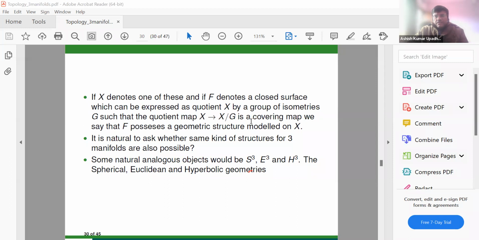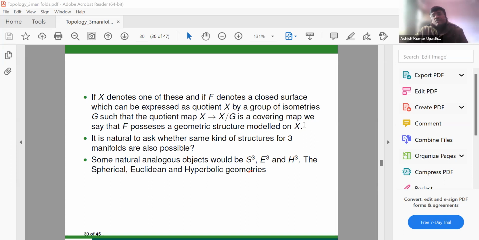Just recall the model. That's why it is important to keep a model at hand. The model was S2 and P2 and the group of covering transformations, which was also isometries. We say in this case that F possesses a geometric structure modeled on X.